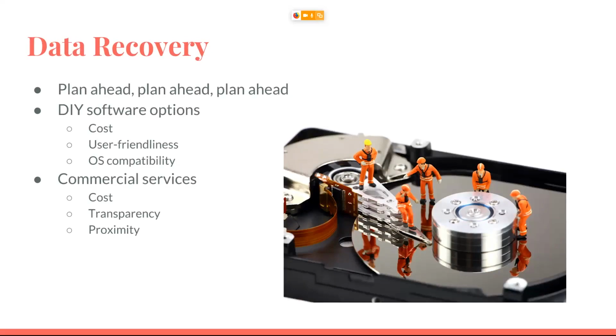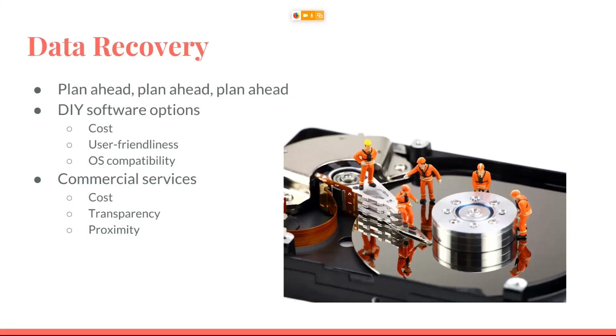But if you don't, there are, again, plenty of software options out there that will vary on all sorts of factors of cost, of user friendliness, how easy it is to navigate and understand what they're saying, whether they're Windows, whether they're Mac, whether they're both. Again, this is a very common problem that many people are having. You're not the only person who's having these problems, and there are a lot of software options available to you.